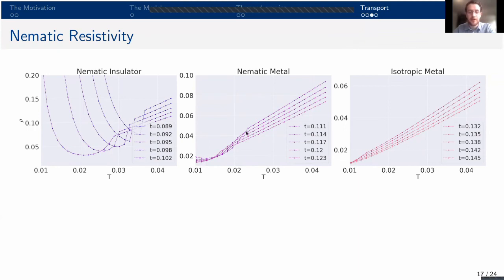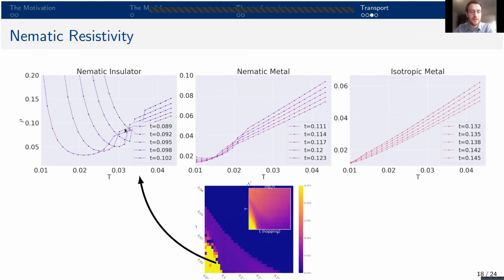But then after undergoing this symmetry breaking, we have three distinct regimes that we can point out. On the left here in the insulating regime, you have this asymptotic growth of the resistivity as it becomes insulating. However, in the nematic metal, you have this transition to a Fermi liquid, some kind of quadratic power law scaling here. And then lastly, for when spontaneous symmetry breaking is suppressed, you just retain this T linear scaling.